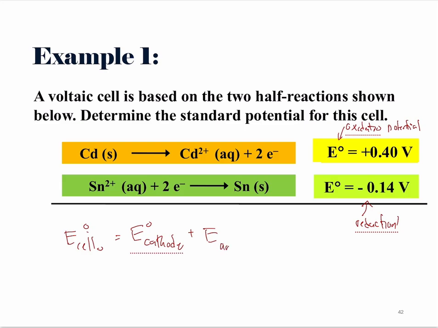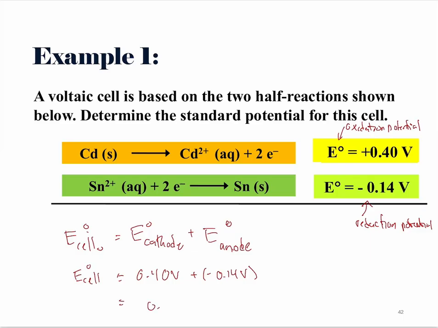The reason we use this version is because we're given a mixed potential. This one is an oxidation potential, and this one is a reduction potential. Plugging these values in, you have 0.40 volts plus minus 0.14 volts.